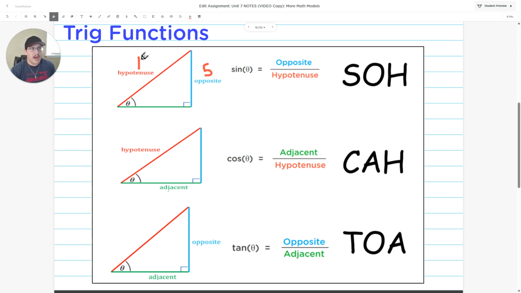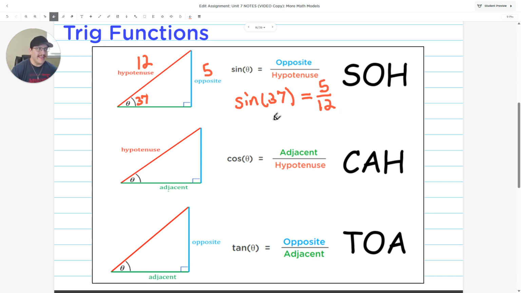And let's say the hypotenuse is 12. And let's say our angle is 37. So sine of 37 degrees of this reference angle is going to need the opposite side divided by the hypotenuse. So 5 divided by 12.